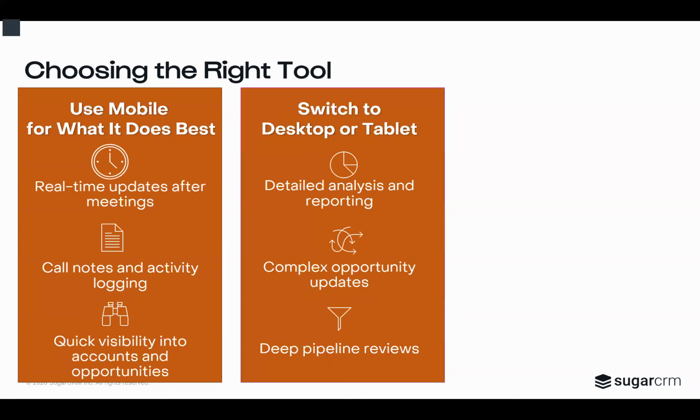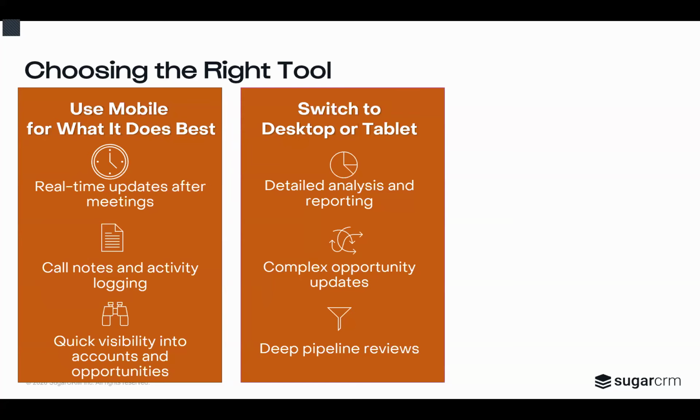You're going to need to switch over to the desktop or the tablet version so you can see it in the browser when you want to see more detailed analysis, right? I'm going to show you that you can see reports inside the mobile device, but you're going to see very quickly the difference between the two. When you see a report in the desktop version or the browser, you can see a lot of data at one point.